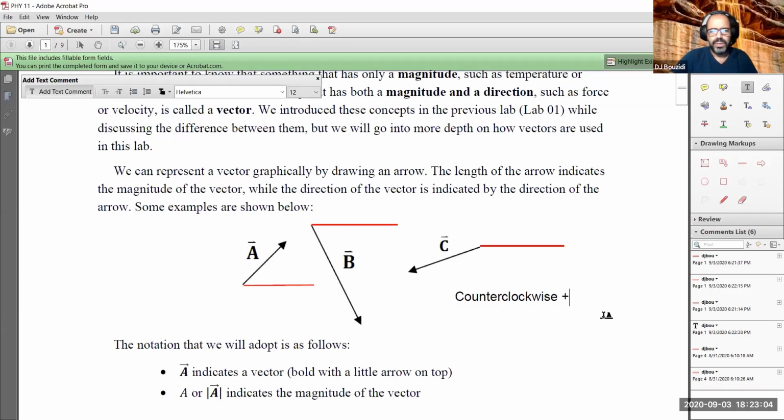The unit for the angles is degrees, but more appropriately, it's radians, and 1 degree is the same thing as 180 times the angle in radians divided by pi. So this is your conversion factor.